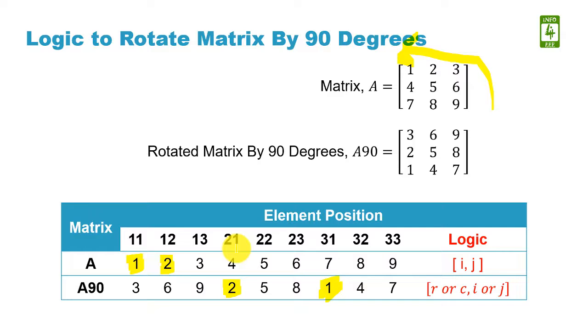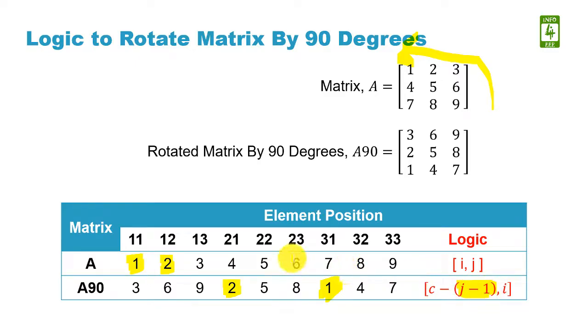So now j is still 1 for matrix A90, and for matrix A, 1 is for i, so it means it is the i, not j. If we talk about the i position of matrix A90, it is 2, and it is proportional to the j of the matrix A, so it means it is not R, it will be C, and it is decreased, so we need to subtract j minus 1 term.